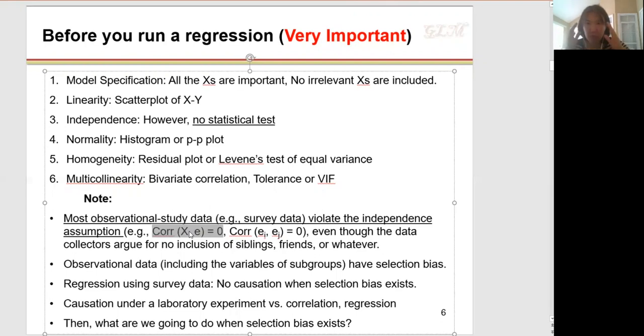So we have to set up the model based upon that kind of theoretical assumption, and then you can have a good model.